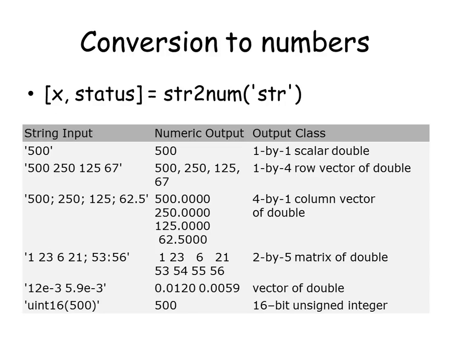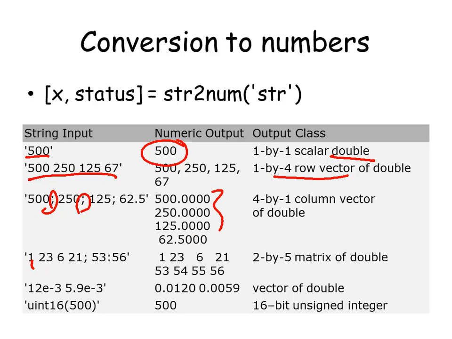All right, going the other way around, you can use the str2num function. So now I'm taking a string and converting it to a number. It supports a number of different string formats, so if you have a single number, you'll just create a double number. If you have a number of numbers separated by commas, you will get a row vector. If you separate them by semicolons, you will get a column vector.